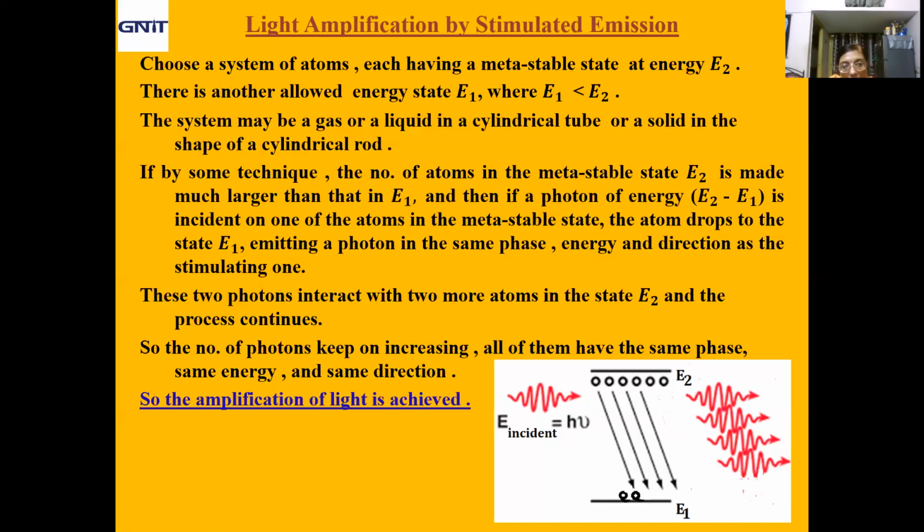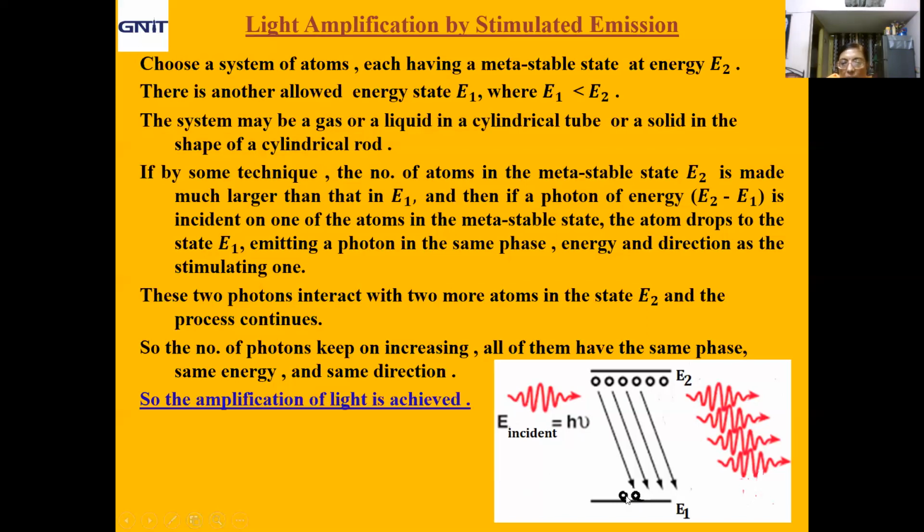Mind you, if there are more atoms in the lower energy state, then if you inject a photon, there will definitely be a higher probability of the photon interacting with atoms in the lower energy state. So what will be the net result? The photon's energy will be absorbed by the atoms in the lower energy state, and naturally you cannot increase the number of photons.